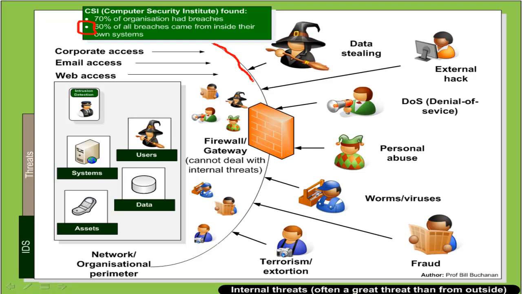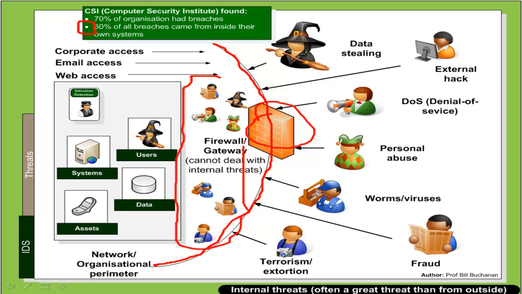So in this case, it doesn't solve the whole problem by focusing on the main firewall or gateway, as the problems could already be inside our own network. So internal threats are as big a problem as external threats.